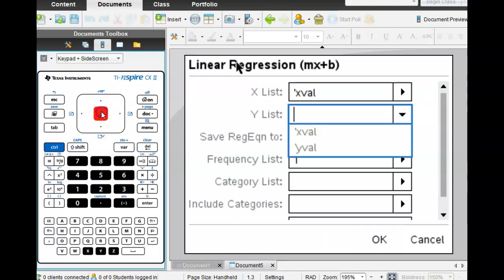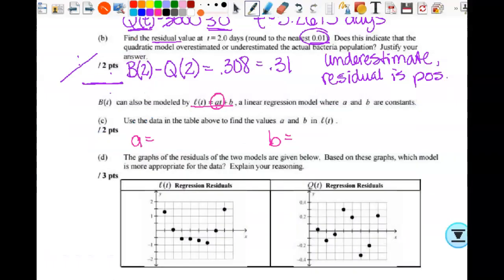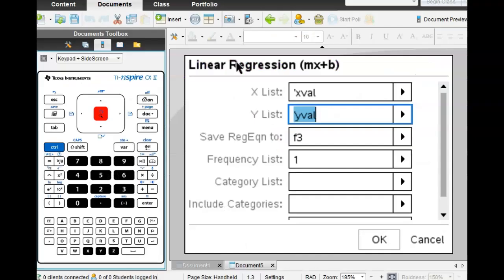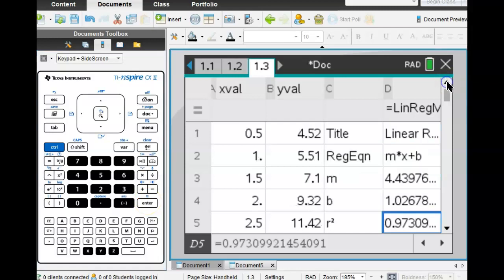And then notice on here also, it says it's going to store it in F3. Because remember, we have stuff in F1 and F2. So if we need this, it's in F3. Not a bad idea to say, all right, well, this is in F3 kind of for yourself in case you need it. We don't need it, but that's just a little side note there. And so when I do this, then I scroll up so I don't grab these weird R numbers.